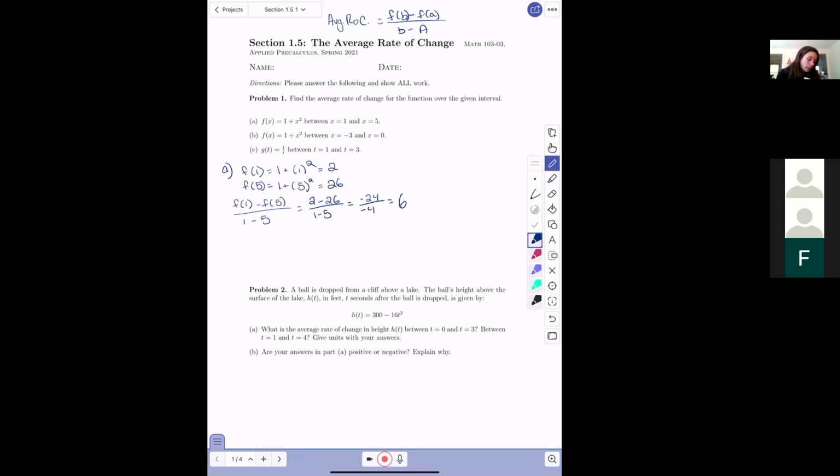All right, and then we'll do c together as well. So g, we have g of t is equal to 1 over t between t equals 1 and t equals 3.